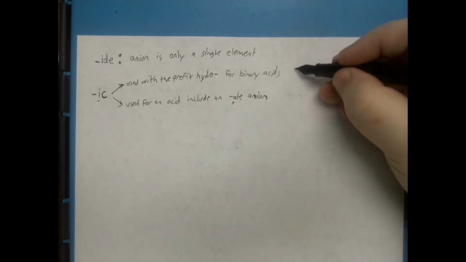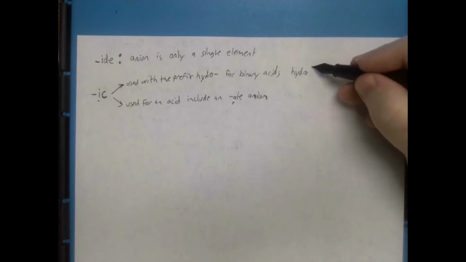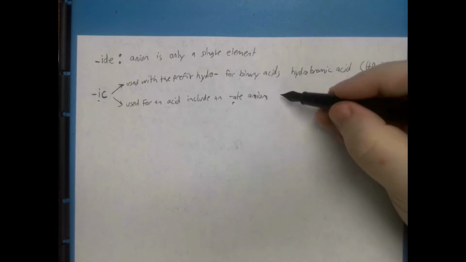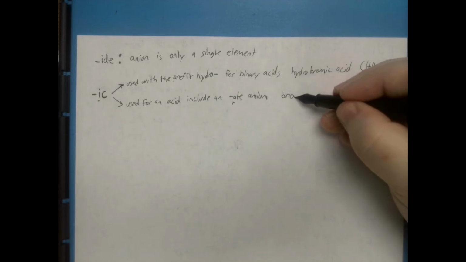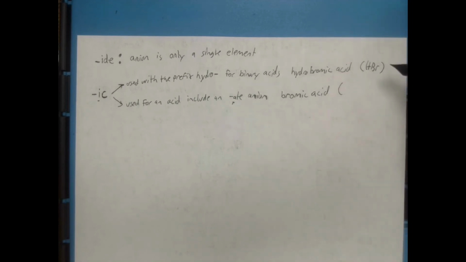So, for example, hydrobromic acid, which is HBr, and this would be bromic acid, which formula would be HBrO3.